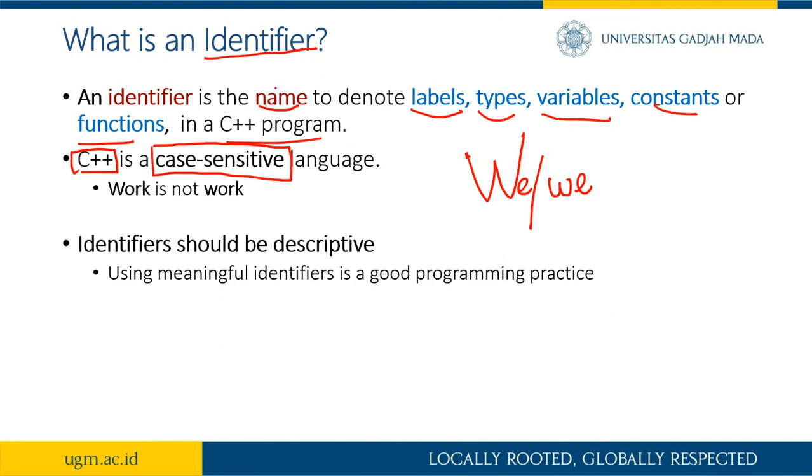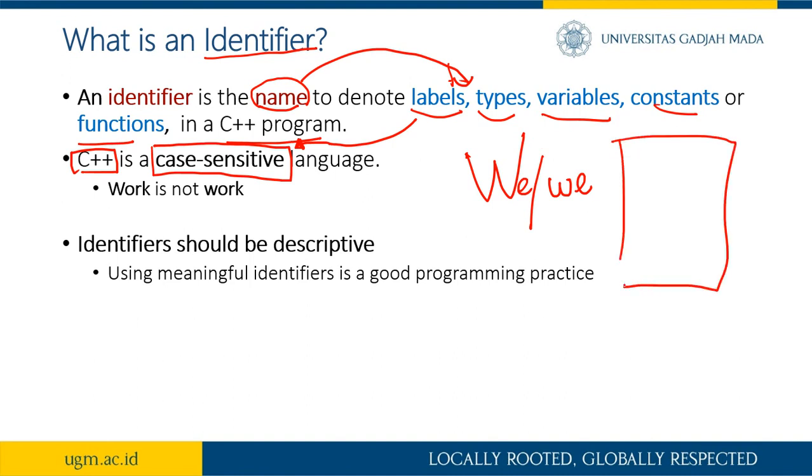Okay, come back to the identifier. Identifier means name. That means you have to give a name to your variable, give a name to your labels, and etc. But beware of case sensitivity. What does that mean? For example, at the start of the program, you create a variable, namely name, with lowercase.